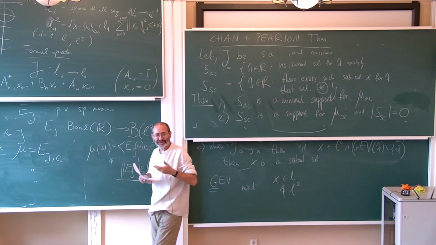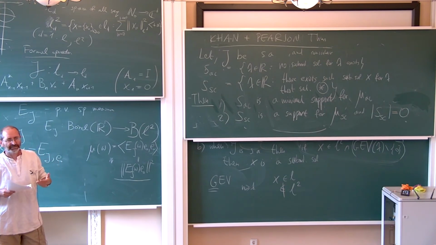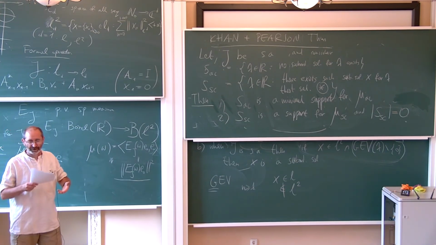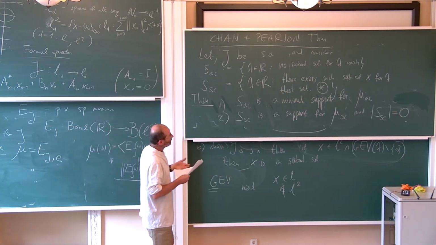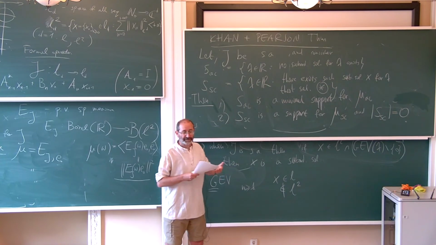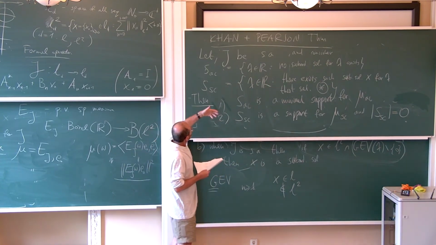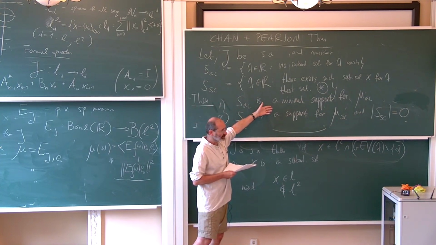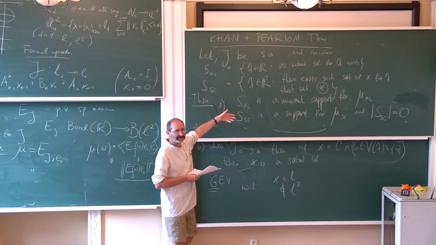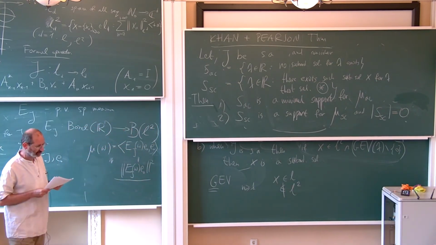This is just something about the asymptotic properties of solutions. So knowing a lot about asymptotic properties of all the solutions, we can obtain important spectral information about the operator. So it's quite a good theorem.